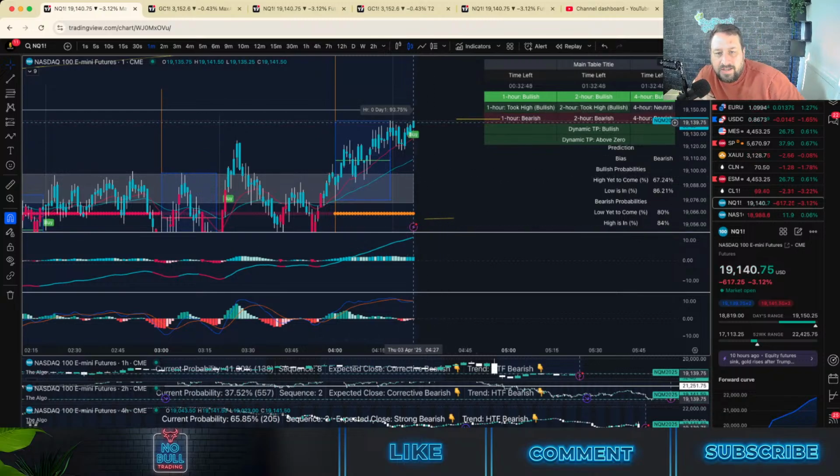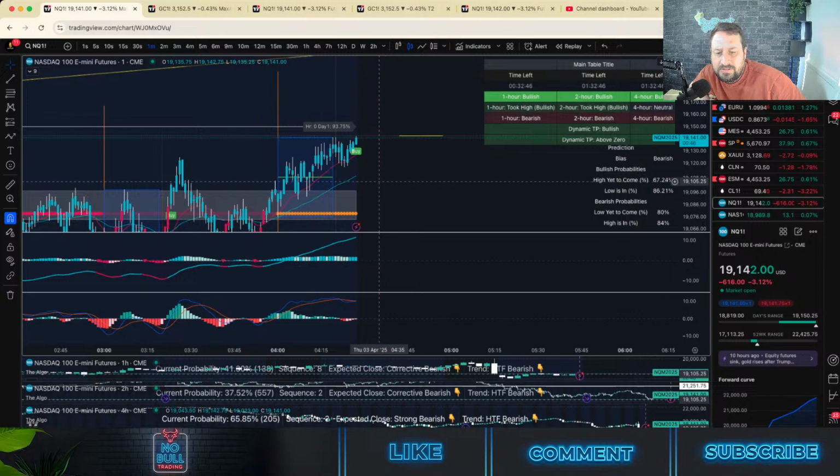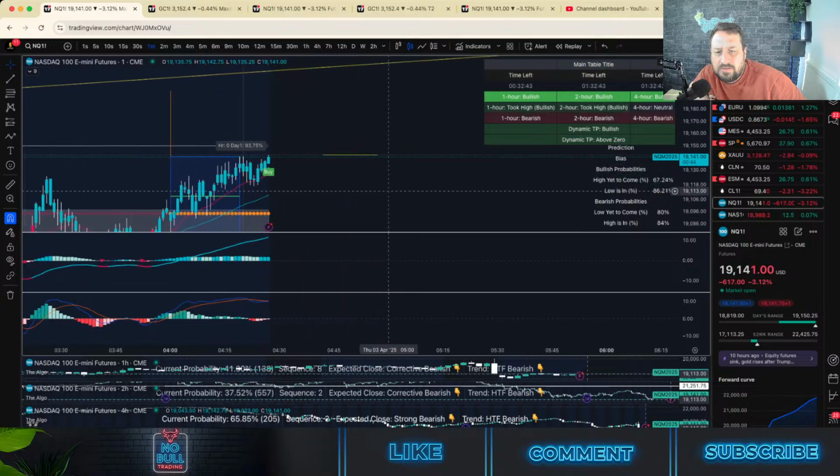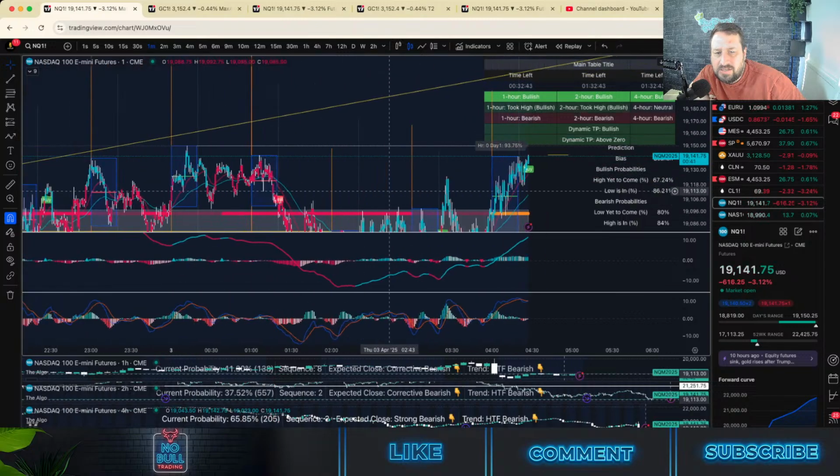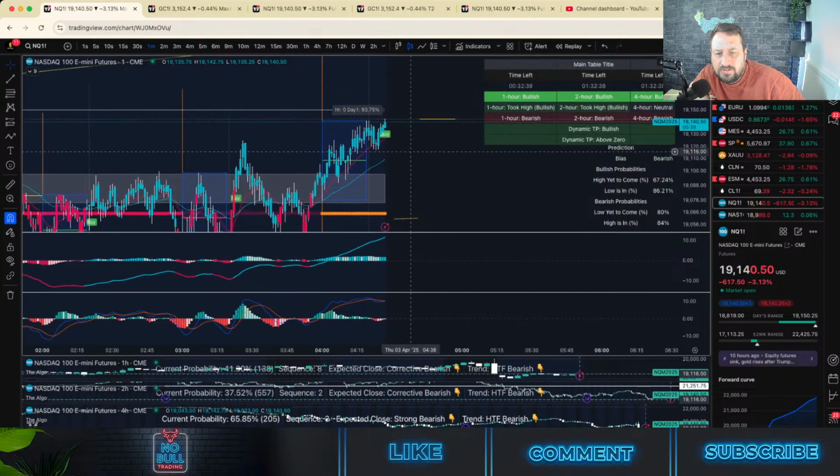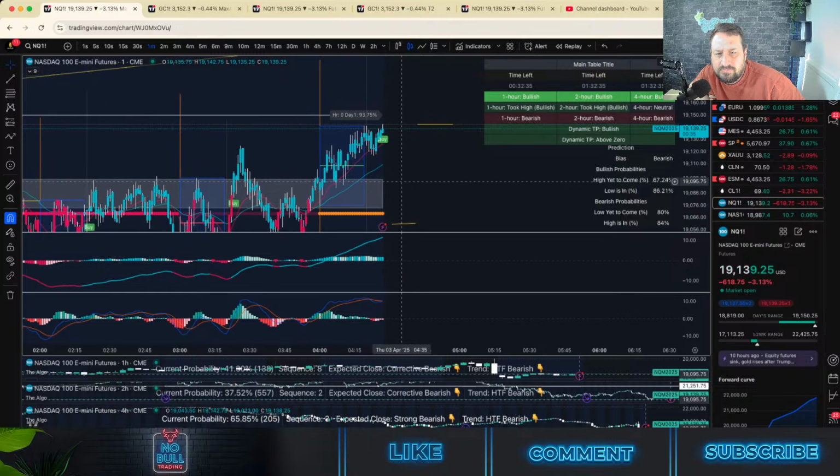Probably would have. I like this trade. It's just how much higher is it going to go? Obviously we've got this liquidity. It's just there's not much room, right?